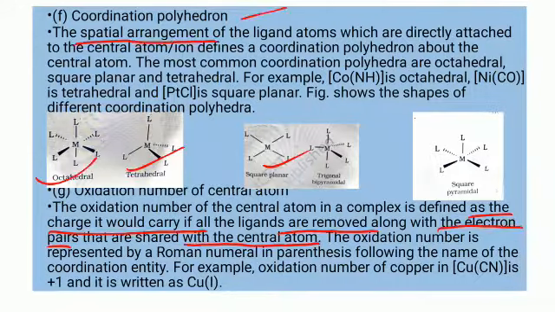We already studied how oxidation number can be calculated in class 11, and here we write it as a Roman numeral. For example, copper +1 can be written as copper(I).